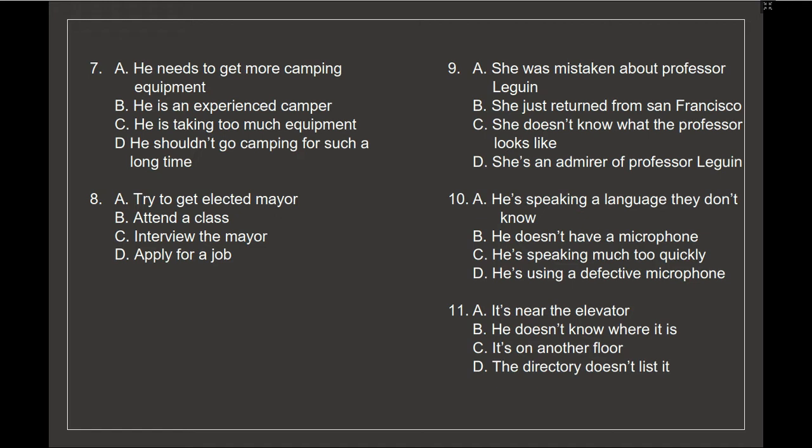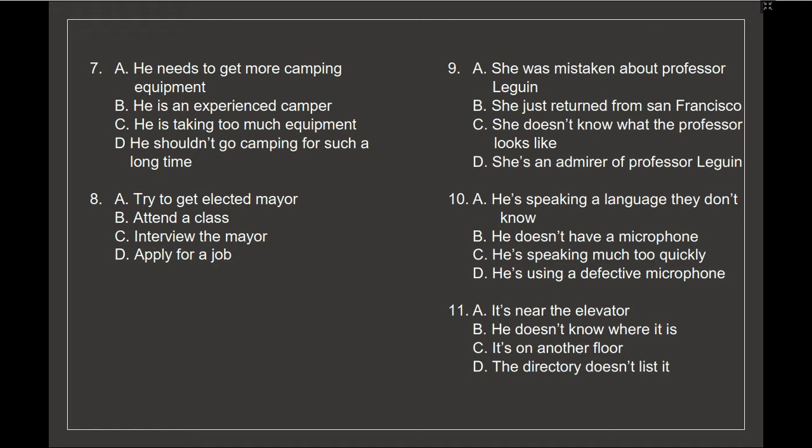Number 10. "There must be something wrong with that microphone the speaker is using. I can hardly understand a word he's saying." "Yeah, I can only catch a word or two myself." Why are these people probably having trouble understanding the speaker? Number 11.